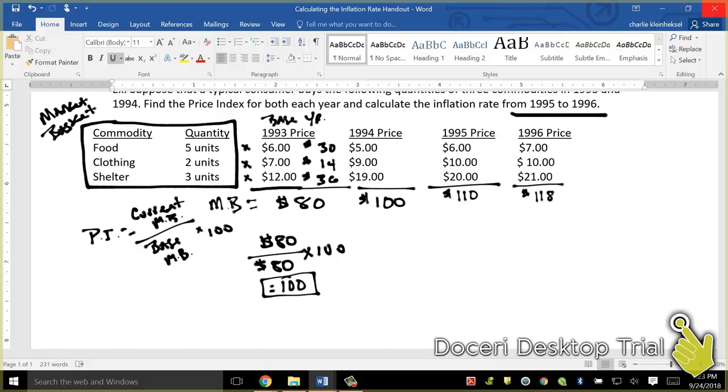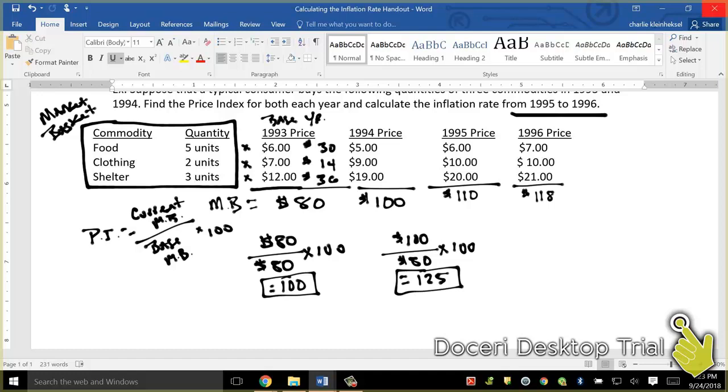The current value is going to be 100 now. My base is always going to be 80 for this example, because that's our base market basket value, times 100 equals, if my math is correct, this should be 125. That's for 1994.